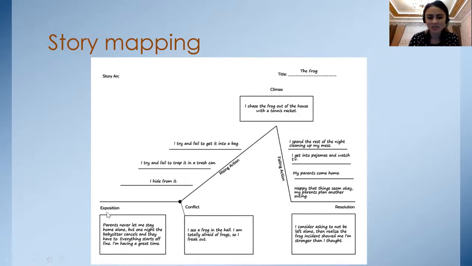So you have the structure: exposition, the background information, then the conflict or the problem you are addressing, then your call to action and your resolution or your high point. So take a paper, or you can do it on Microsoft Word as well. Just draw the structure and try to write 2 or 3 sentences around each part.